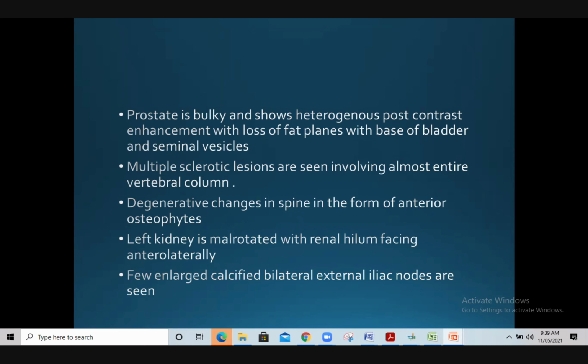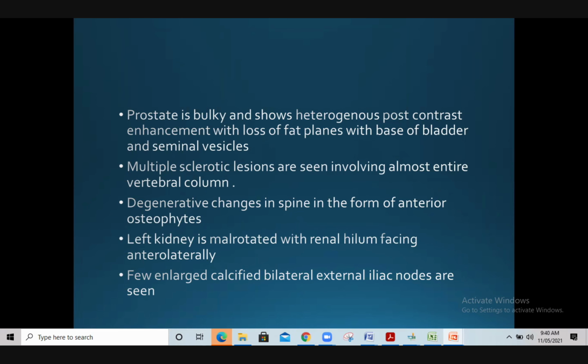This is not going to change the management. I want you to understand that. A bone scan in this situation will give you all the information you want which is missing on a CT scan. Definitely a CT scan is slightly inferior in comparison to an MRI for CA prostate, but we don't need this extra information.